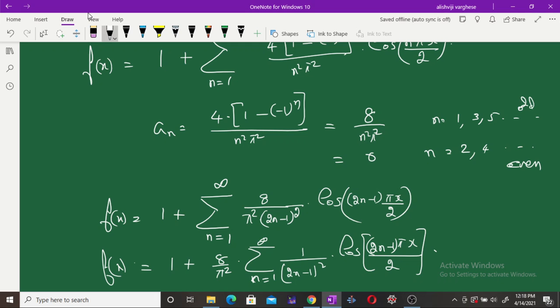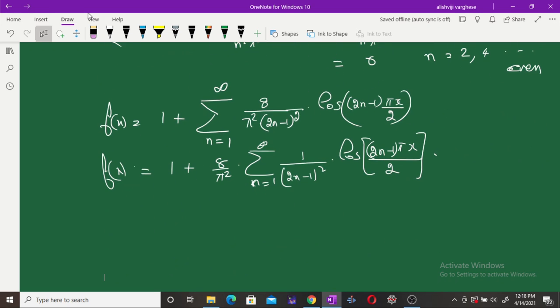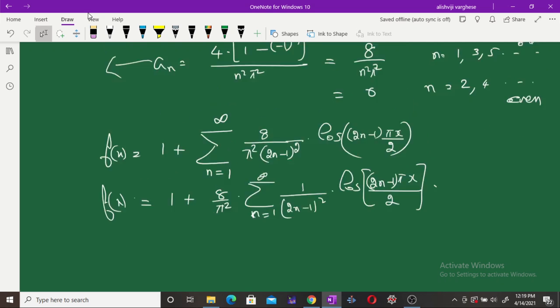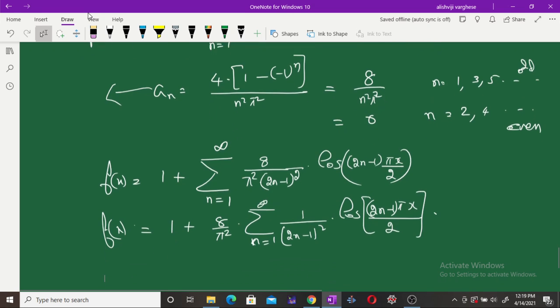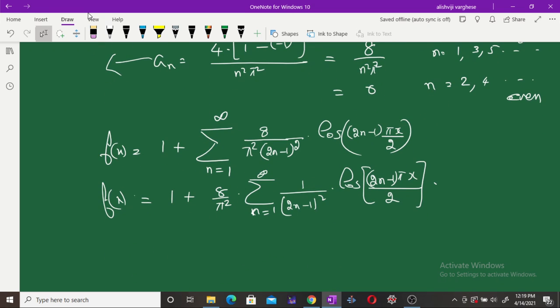So this particular representation, simplification of an, will make the resulting Fourier series representation much simpler, and much more elegant. We can avoid that part if necessary, but that simplification makes the Fourier series representation much simple and much elegant.